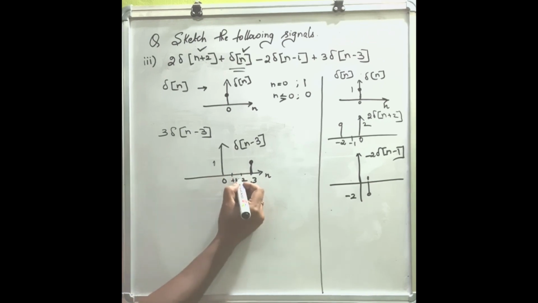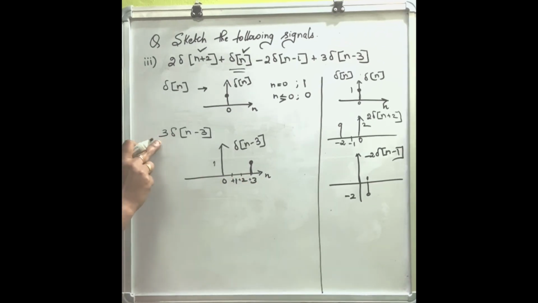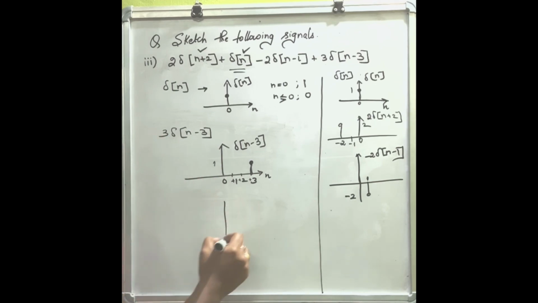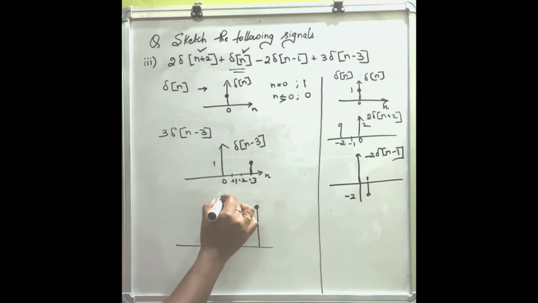Next, amplitude scaling by 3. This is very simple. Scale it by 3. So this is 3 into del of n minus 3.